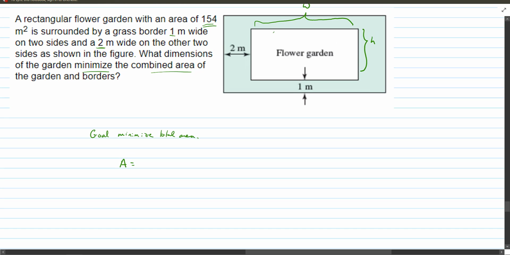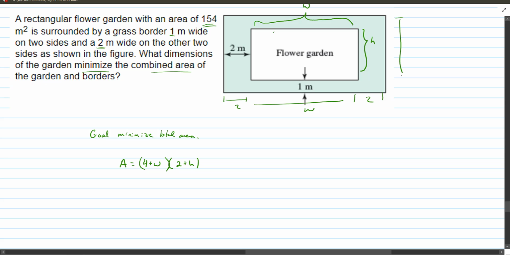Well, our area function would be 4 plus w times 2 plus h, which is how we'd compute the area of this large rectangle here. Let's make sure that makes sense, folks. If we want to compute the area of that large rectangle, its width is going to be this 2 plus this w plus this 2.